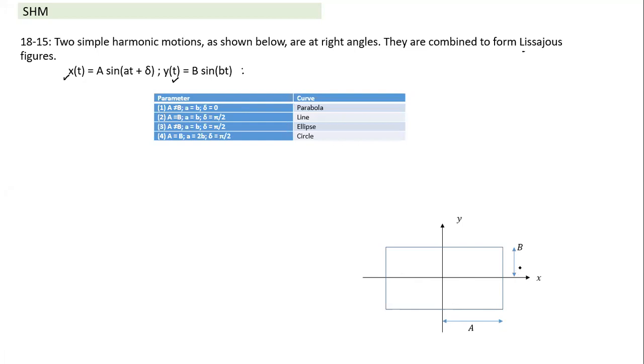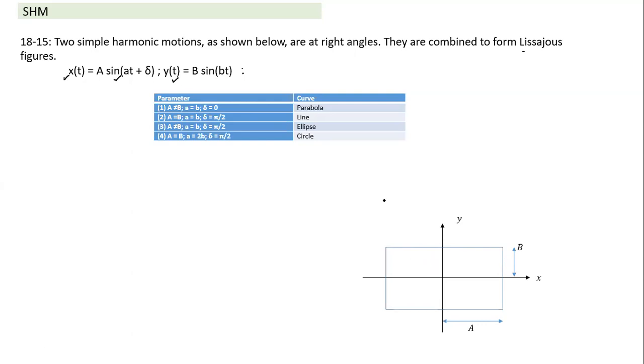And if the amplitude along the y direction is B, and I draw two horizontal lines, plus B and minus B, that gives the boundary of motion. So if a particle has motion given by these two equations, it will lie within this rectangle.